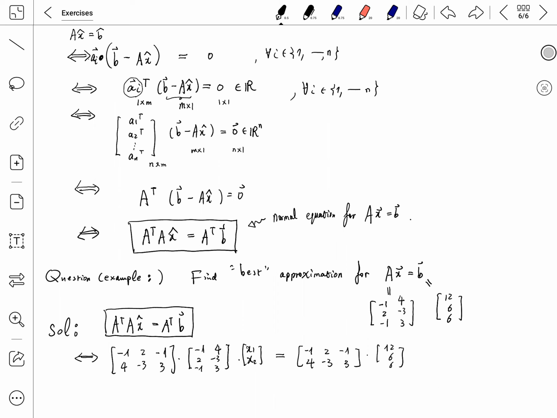So the left hand side, right hand side, you could compute what it is, simplify it into a non-homogeneous linear system. Just do the computation, we will see that this is the case. And then just solve this linear system. You will see it has a unique solution, which is 12, 6.